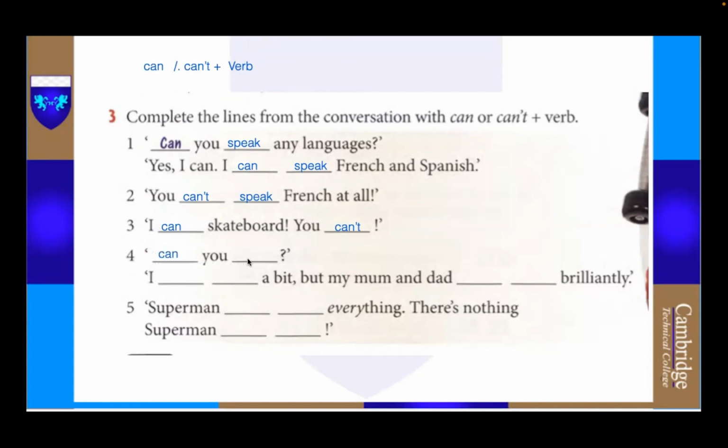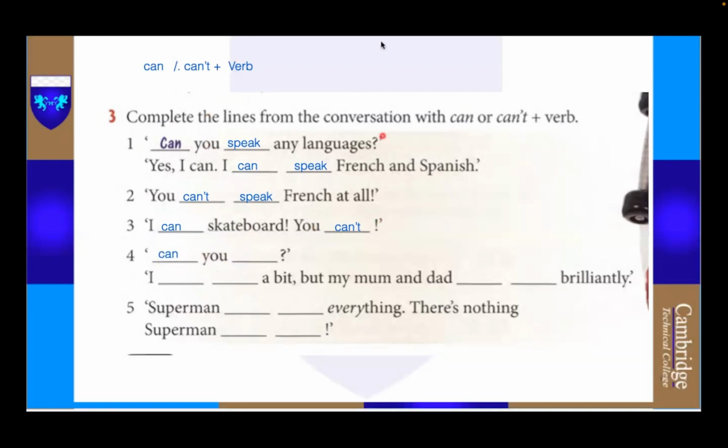Can you leave or can you eat? Look at the answer. Yes. Here we're talking about skateboard. So here it could be skateboard. Can you skateboard? Or you could use any verb. No problem. Don't worry about the verb. The only thing that I'm interested in يعني الأمر المهم إنك تعرف أنت تستعمل can and can't وتستعمل معها الverb.